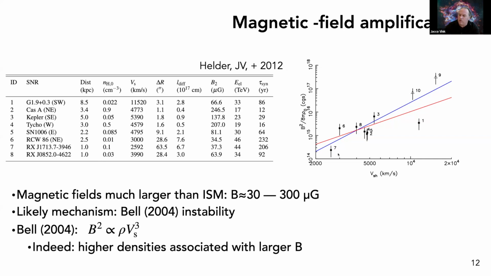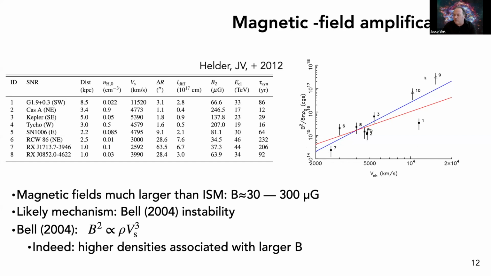And indeed, in this plot, what you see is if you have the shock velocity on the one side and B squared over the density on the other side, there seems to be indeed some linear relation. It's very difficult to get the exact slope. And the reason is, of course, we don't really have a lot of dynamic range in velocity.